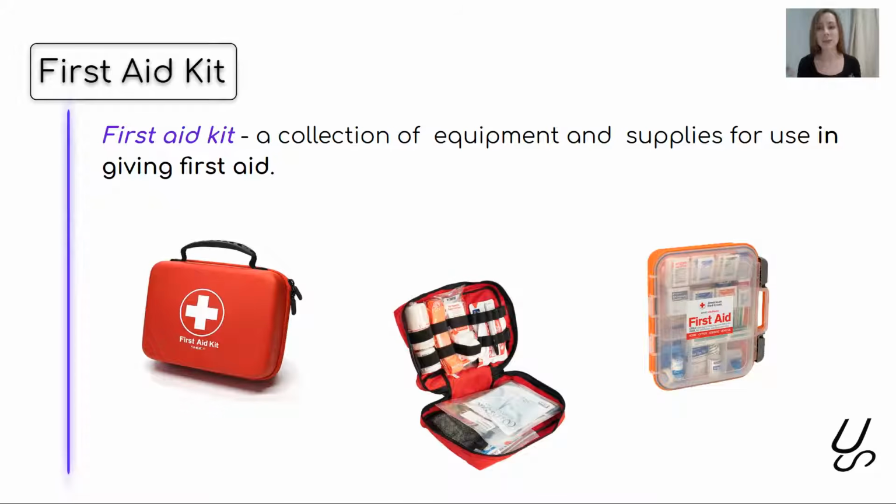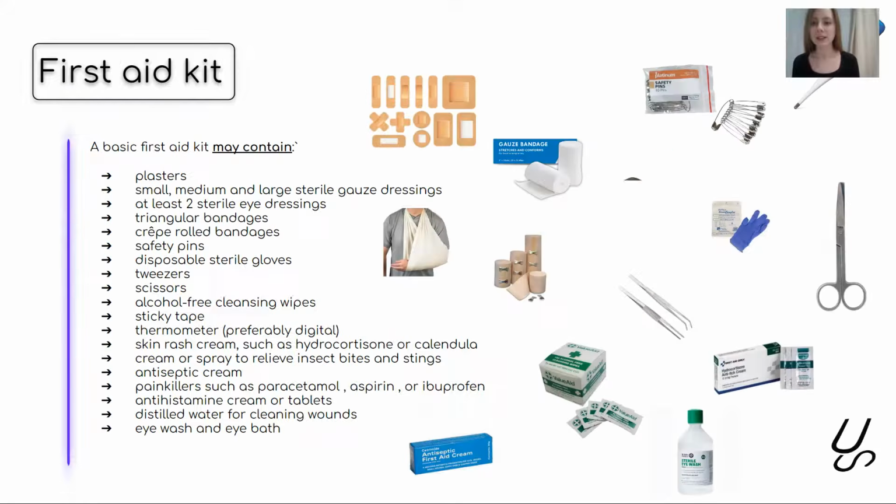First aid kit. What is first aid kit? It's a special collection of equipment and some useful supplies for use in giving first aid. And here we can see what a basic first aid kit may contain. They may be some plasters, small, medium, and large, sterile gauze dressings.